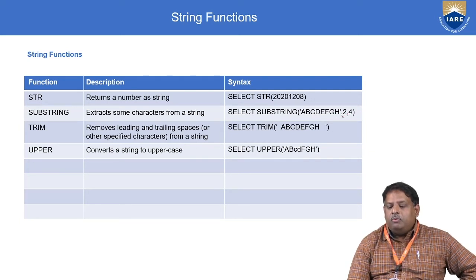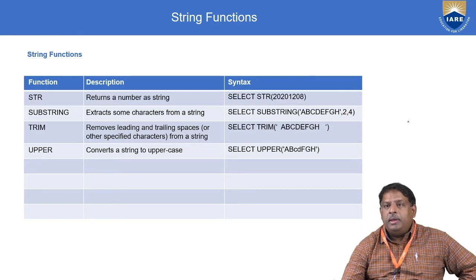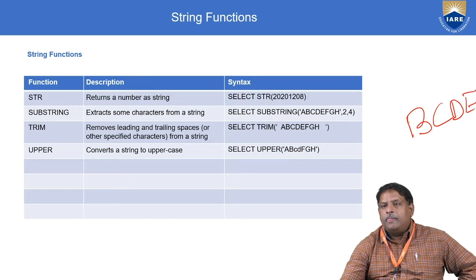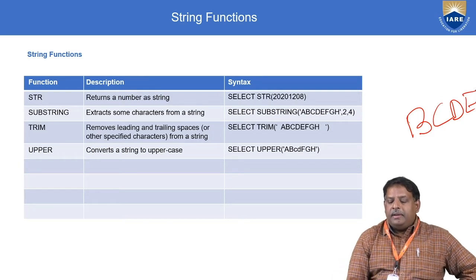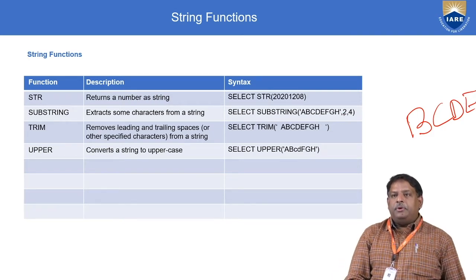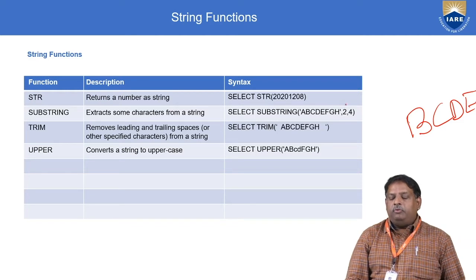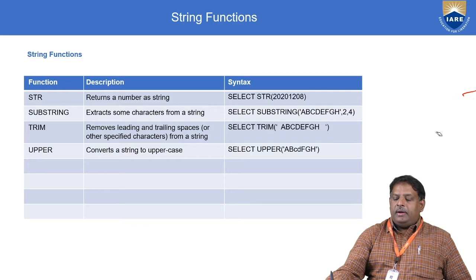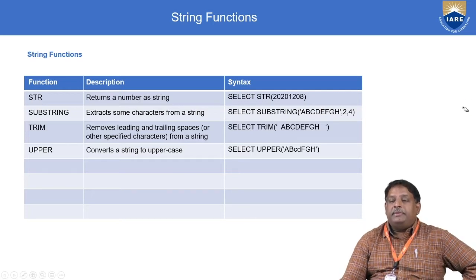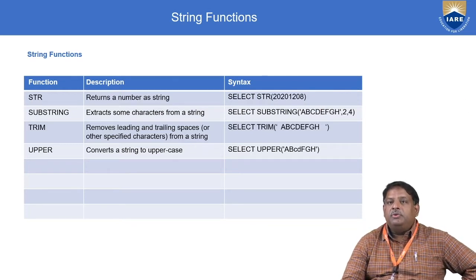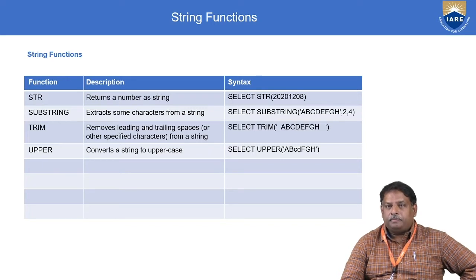So from position 2, 4 letters are returned. Starting at the second position, that is B. From there, 4 characters. B, C, D, E would be my string after using the SUBSTRING function.